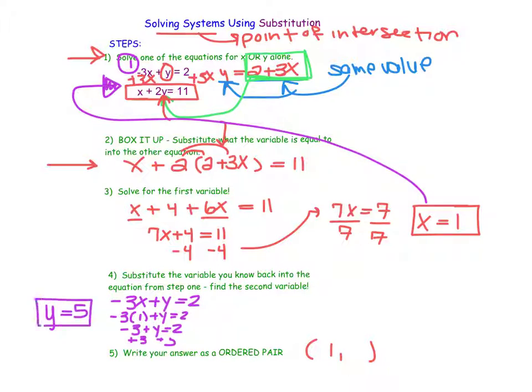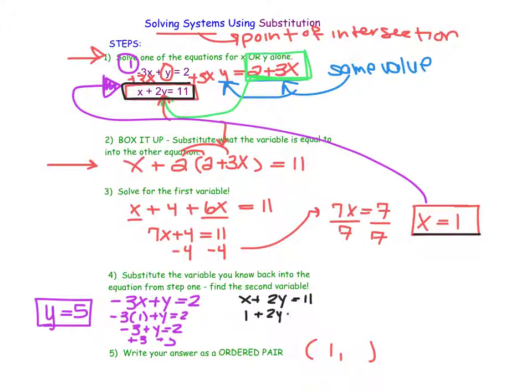Now, I've had some students in the past who didn't necessarily believe me that you could pick either equation. So we're going to try this second one just to make sure we get the same y value, the same point where they cross. So here we have x plus 2y equals 11. So here I have 1 in place of the x because that's what x is equal to.